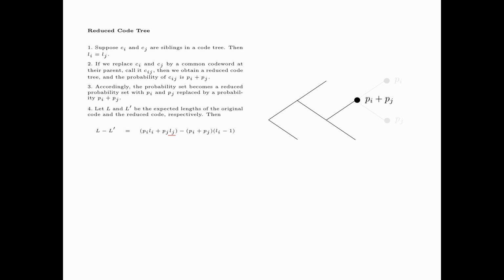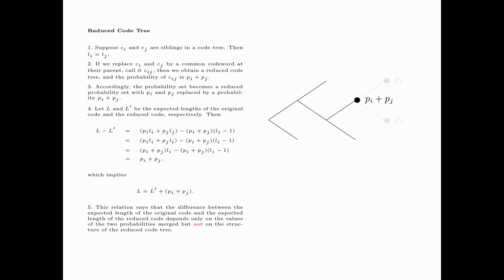Now replace l_j by l_i because l_i = l_j. Then factorize to get (p_i + p_j) l_i - (p_i + p_j)(l_i - 1), and so we get p_i + p_j. And this implies that L = L' + p_i + p_j.